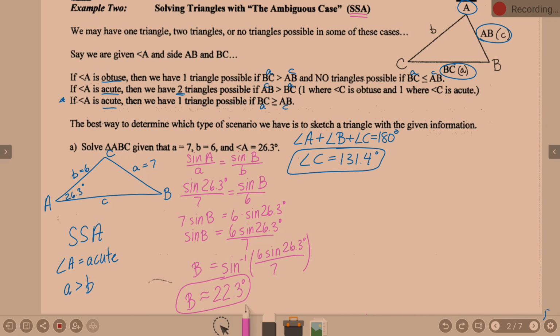In order to find side C, technically you could use the A information or the B information. I'm going to suggest the A information because that was provided. That wasn't anything rounded.